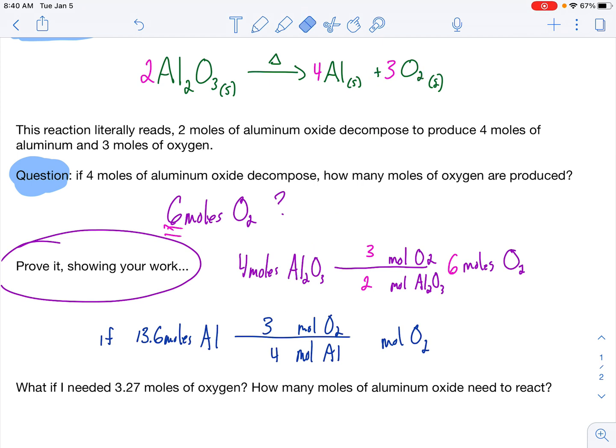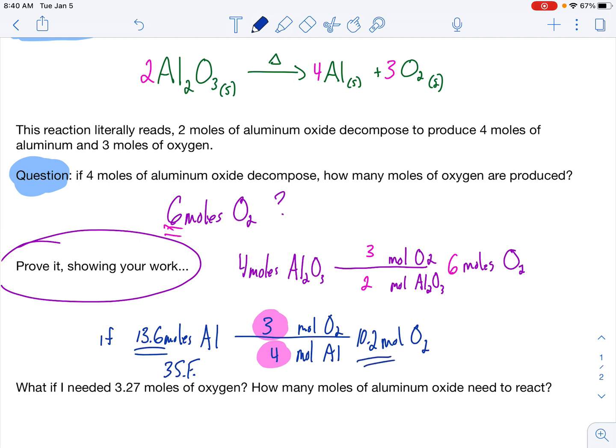Now in our calculator, this literally reads 13.6 times 3 divided by 4. So that's all you have to do to get that answer. 13.6 times 3 divided by 4. And we get 10.2. In terms of sig figs, in this case, I start with 3 sig figs.